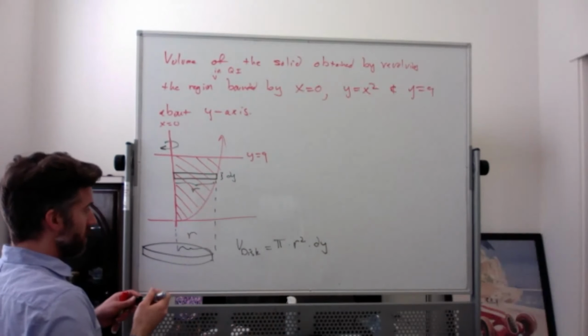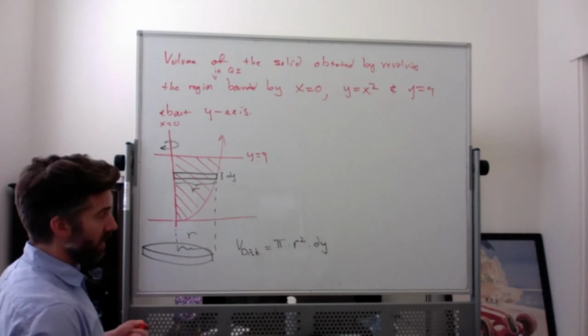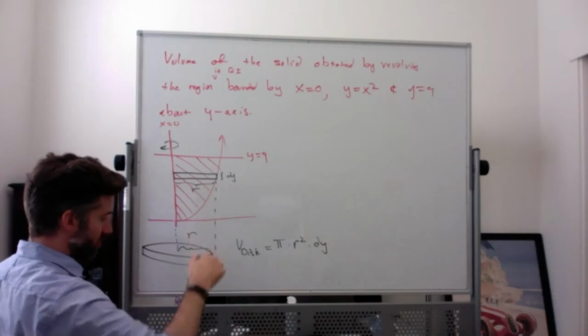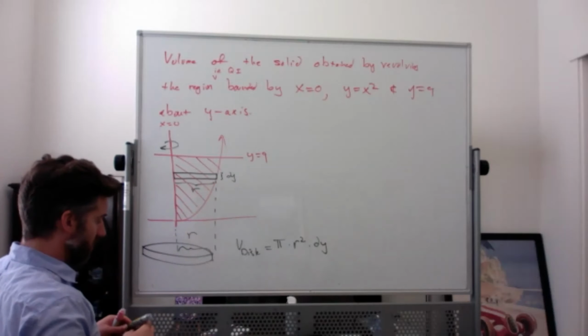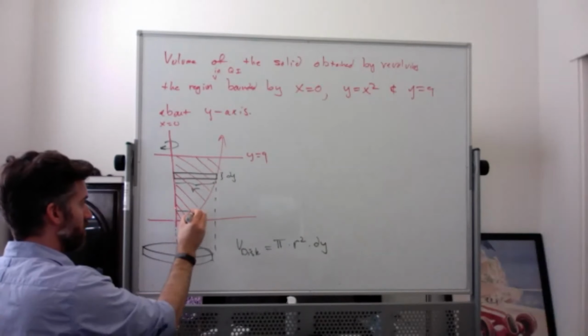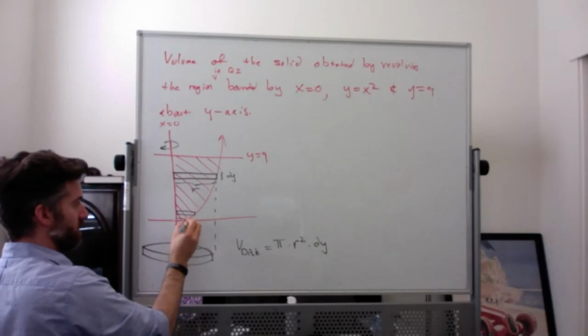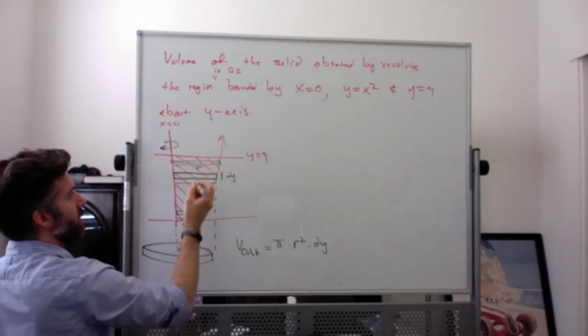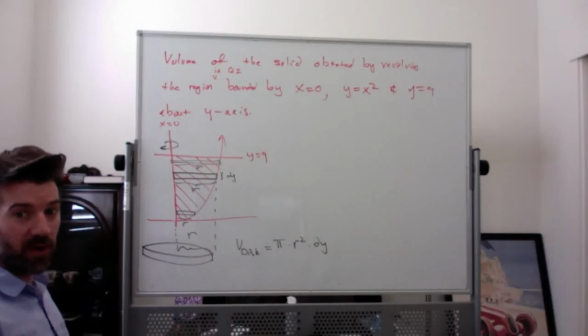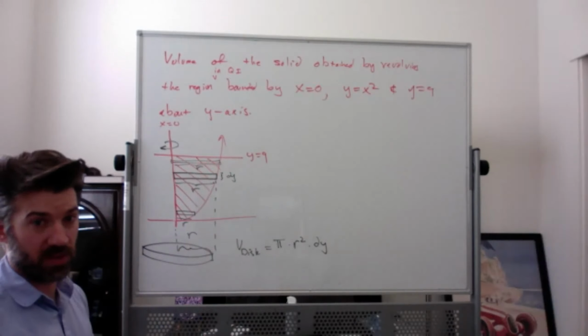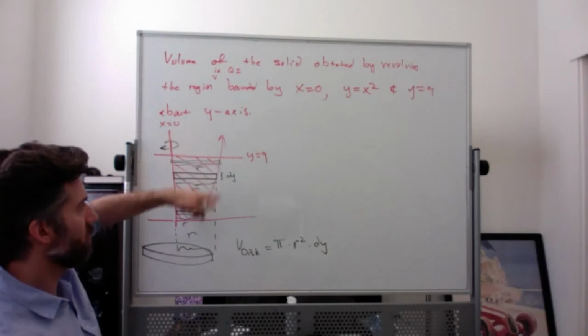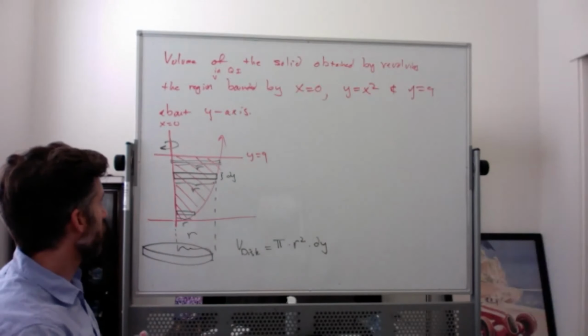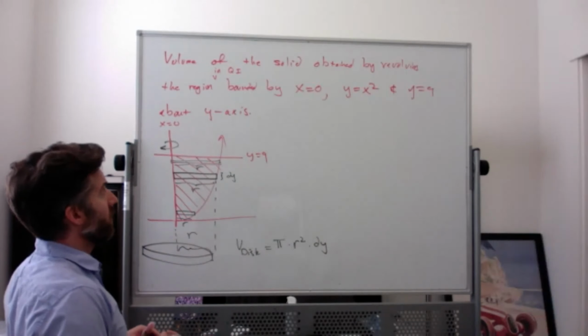But as you can see, the radius of the disk or the length of this strip depends on where I draw the strip. If I draw it lower, it's a shorter radius. If I draw it higher, it's a larger radius, meaning the radius is a function of my variable, right? It's not just some constant value unless literally the function here is a constant. So the radius has to be my function.